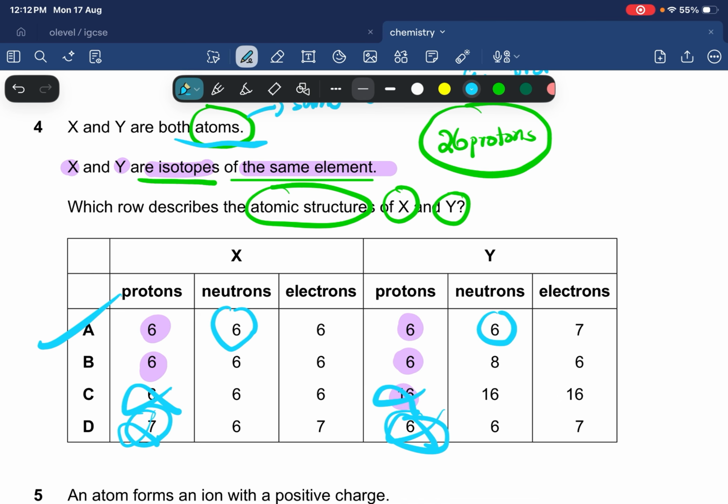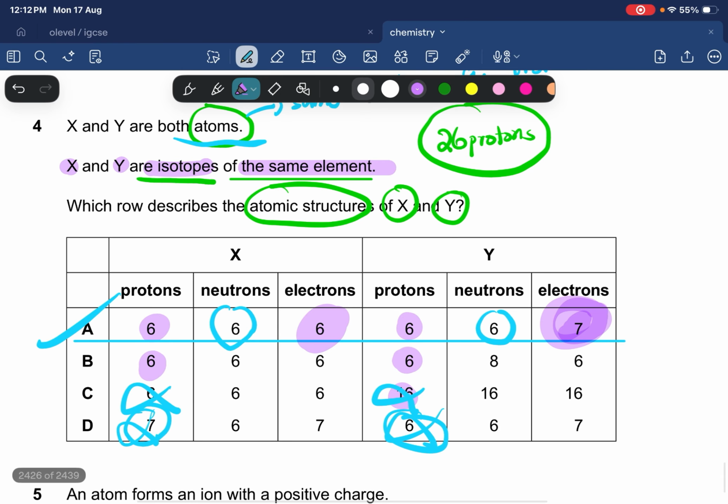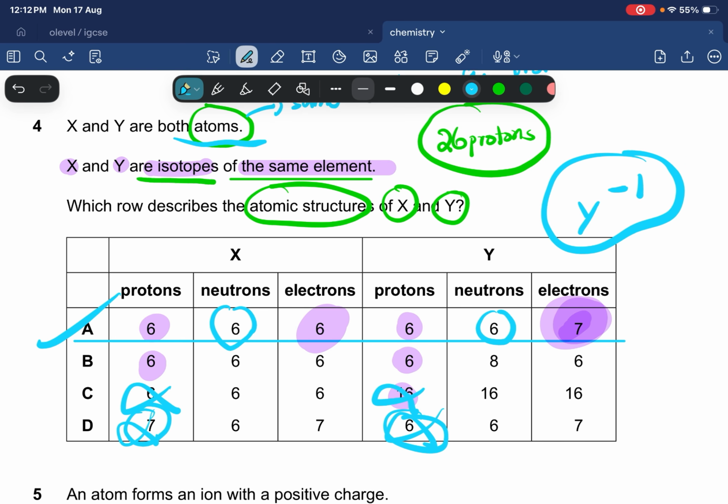But for atoms, we need the same number of electrons and protons. If you look in option A, 6 in X makes it an atom. But Y is not an atom because Y has one more electron than proton. So Y is a -1 ion, because look, protons 6, electrons 7, not an atom. We were looking for atoms.